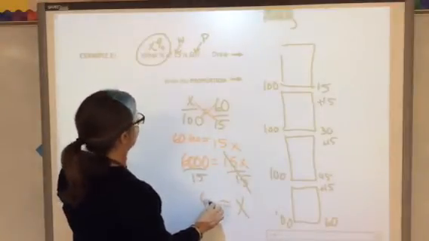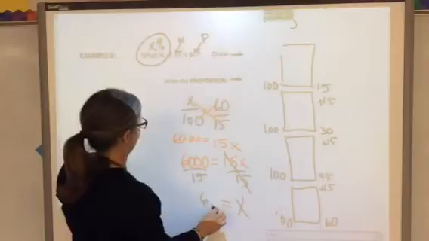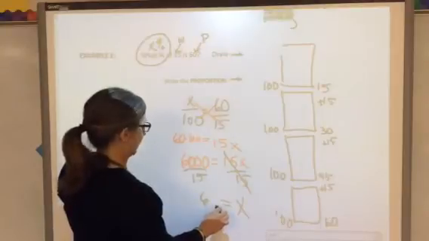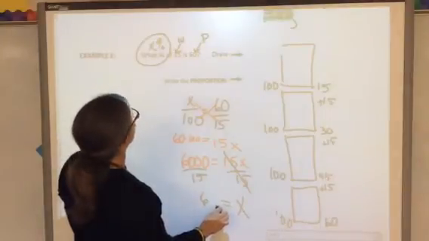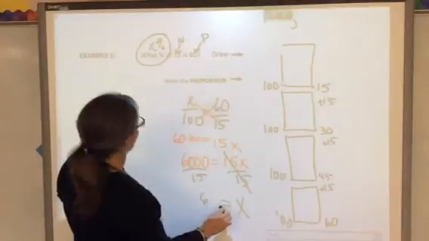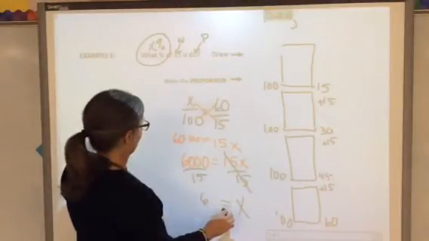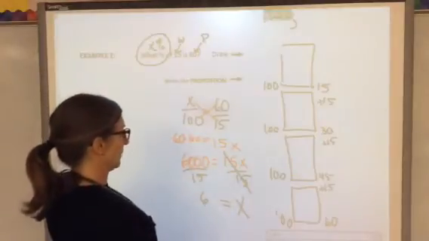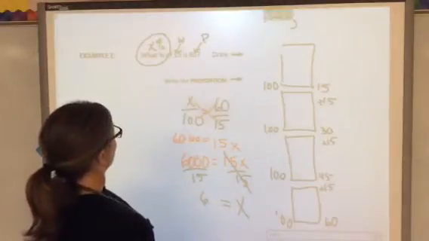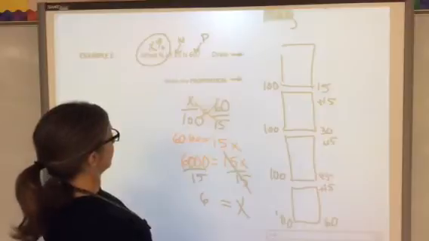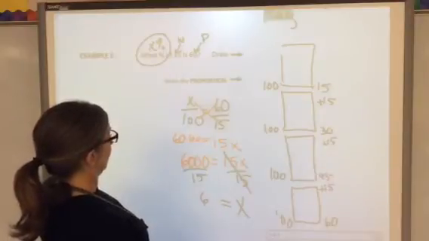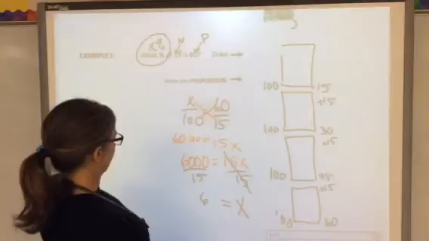No, that's not right. What did I do wrong? 6,000 divided by 15. Okay, what did I do wrong here? 15 of 15 is 60. 15 and 15, so there's 4 15s.